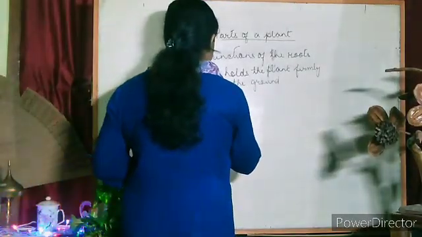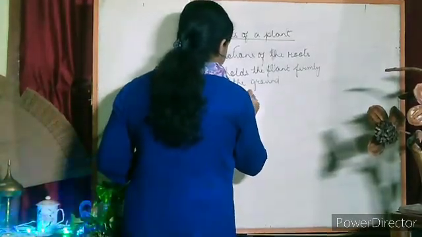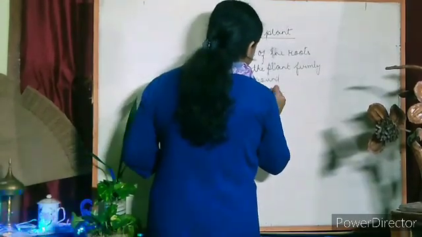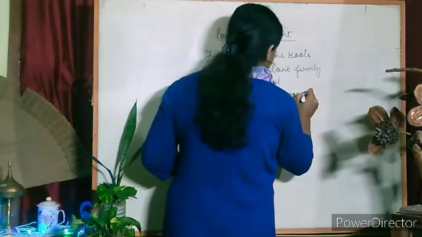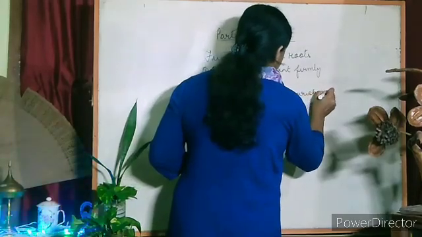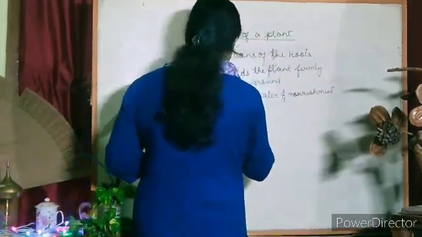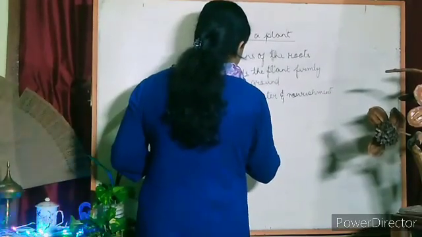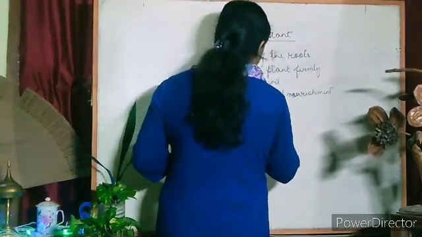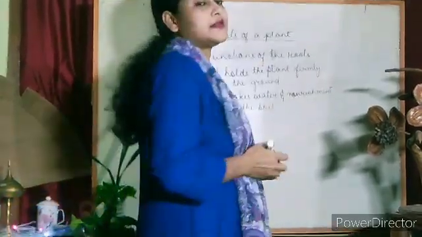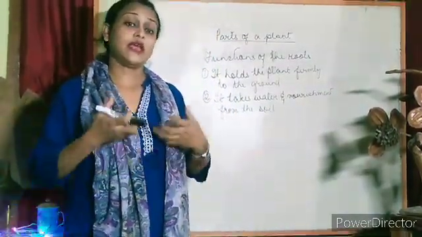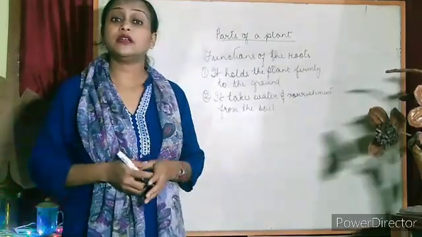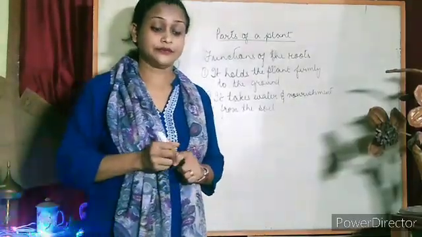Next, it takes water and nourishment from the soil. So it absorbs the water and nourishment from the soil, and it takes it to the different parts of the plant.